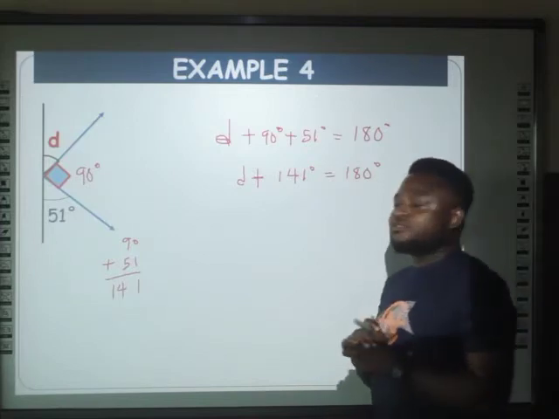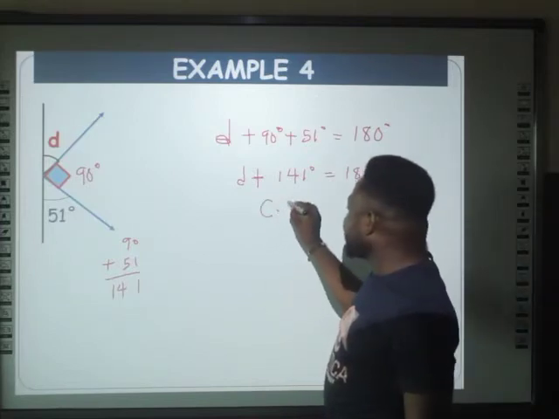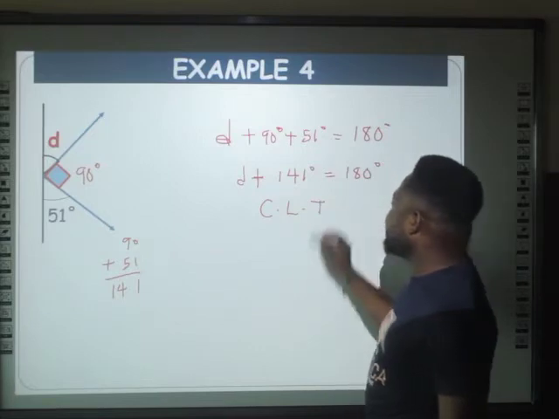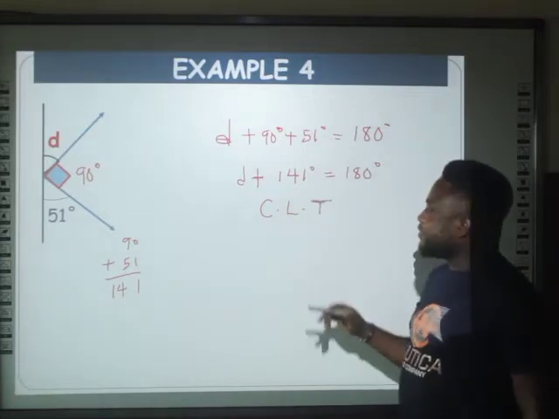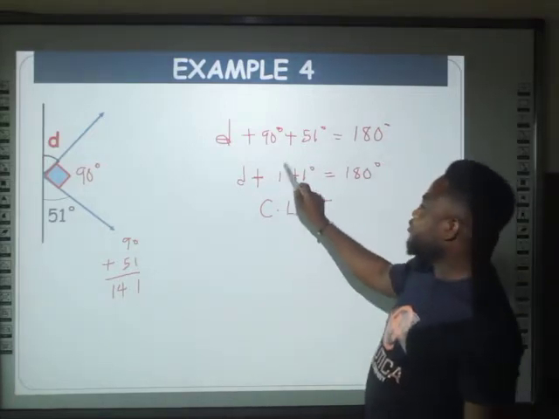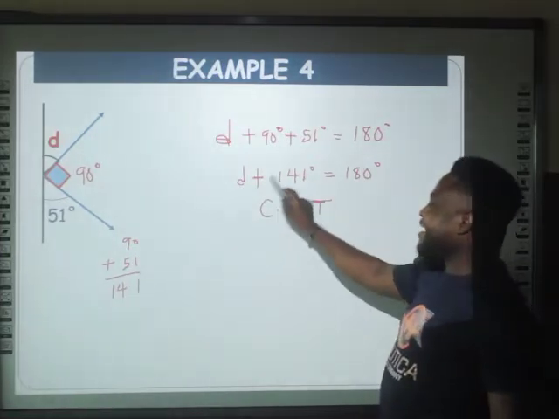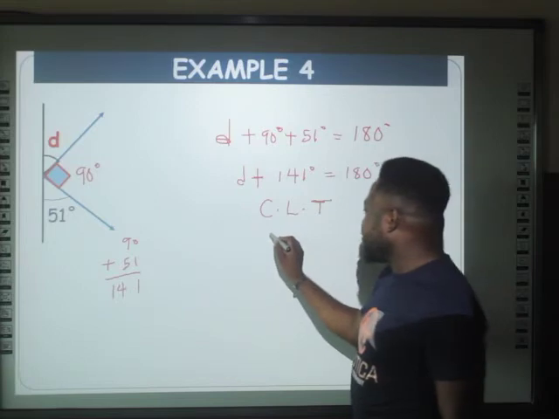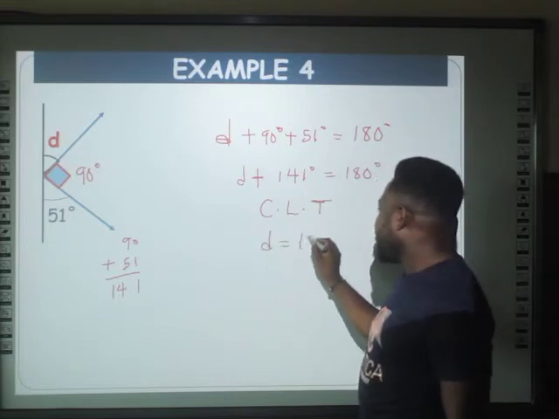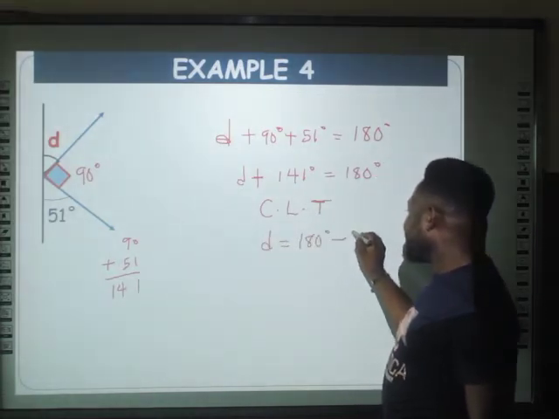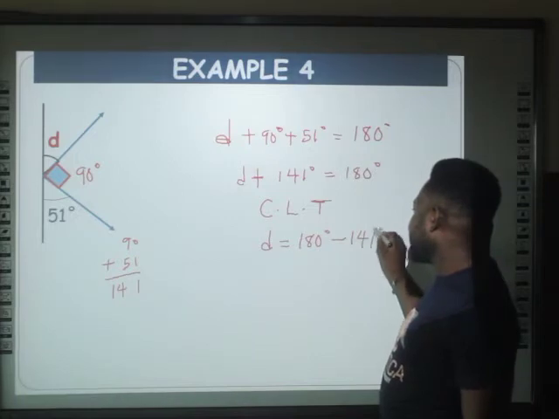Now, the next thing is to do what? Collect like terms. Okay? That means this number will move to the right. Plus 141 will now move to the right to come to minus 141. So that will give us D will be equals to 180 degree minus 141 degree.